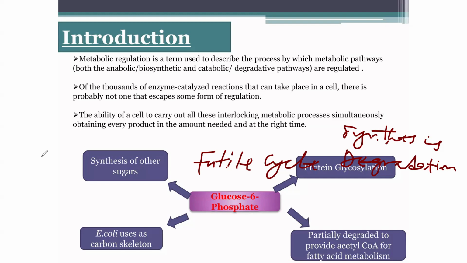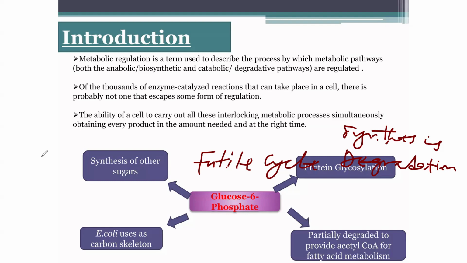Of course, we have thousands of biochemical reactions taking place in the body, and I don't think there is any reaction that can escape regulation. Because if there is any enzyme-catalyzed reaction that escapes any form of regulation, there will be a problem.